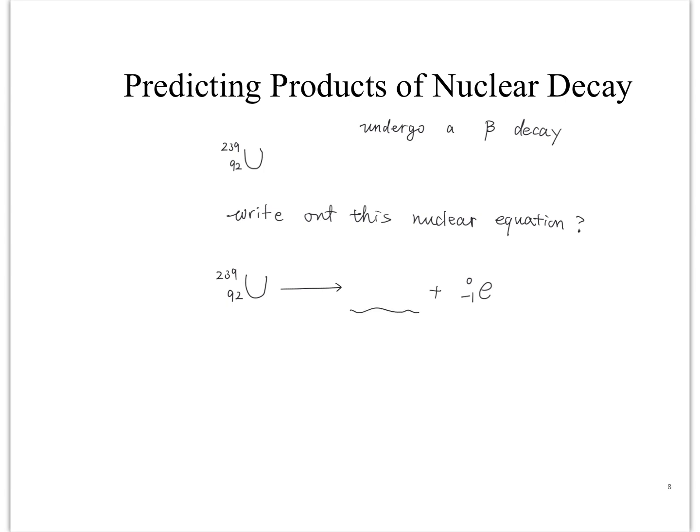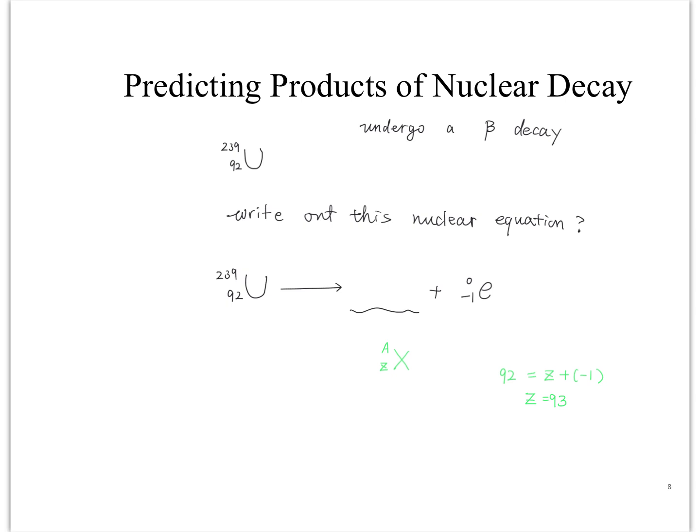Again, we can call it X, with Z and A. On the top is A, at the bottom is Z. Now we are going to establish equations to solve for A and Z. To predict the product, simply remember that the mass number and the atomic number are conserved, so both sides should be equal. So for Z, on the left side we have 92, and on the right side will be Z plus -1. So Z will be positive 93.